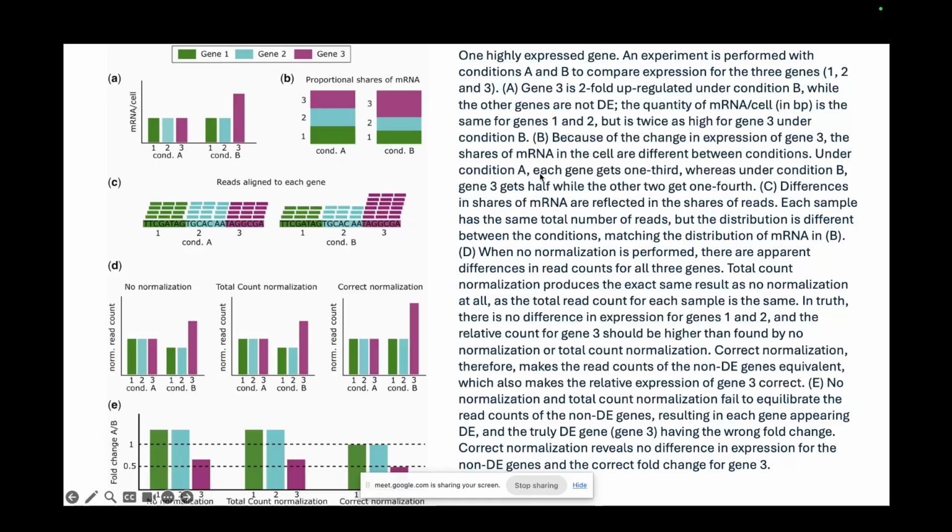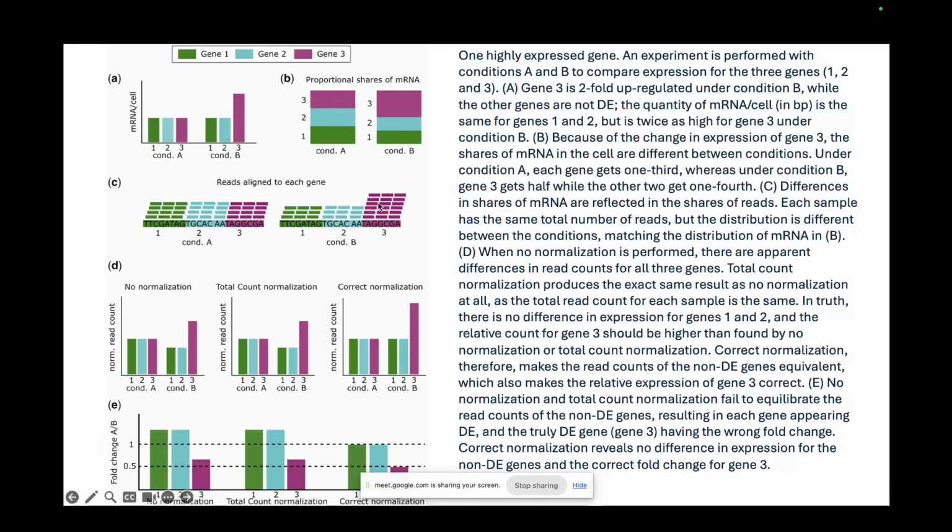Under condition A, each gene gets one third, whereas under condition B, gene 3 gets half, while the others get one fourth, right? So in condition A, reads aligning to one gene are given one color, so it is equally aligned in terms of the alignment of transcripts.